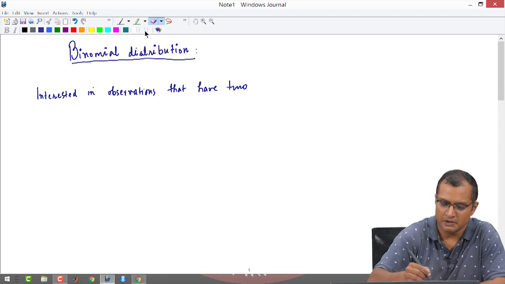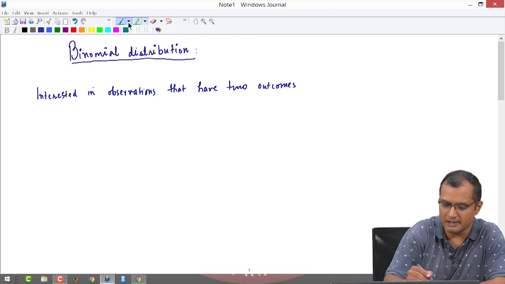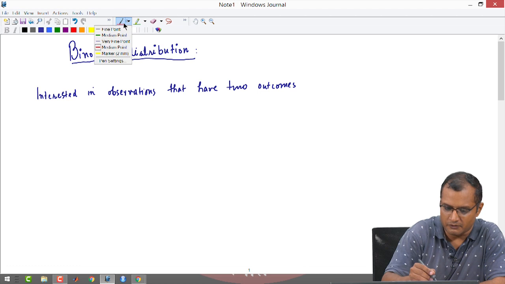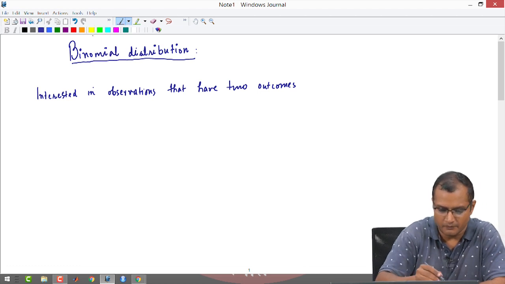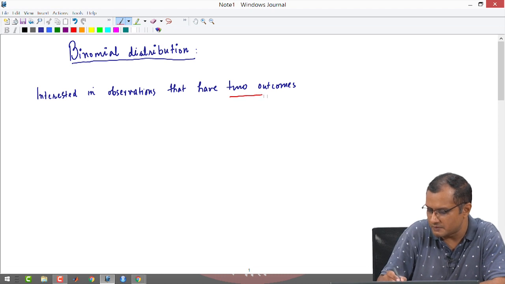Let us say, let us pick the example of a coin toss. Okay. So, I am going to underline it because that is an important criterion for a binomial distribution, only two outcomes.